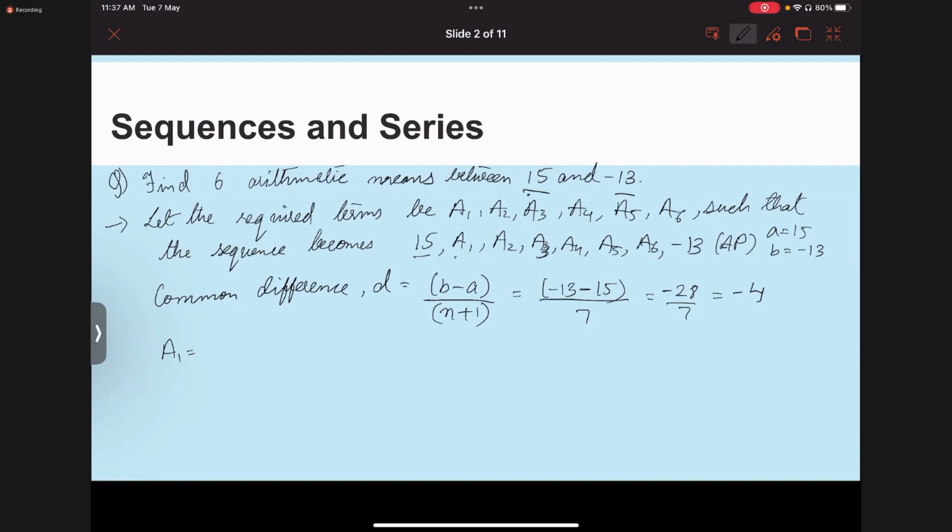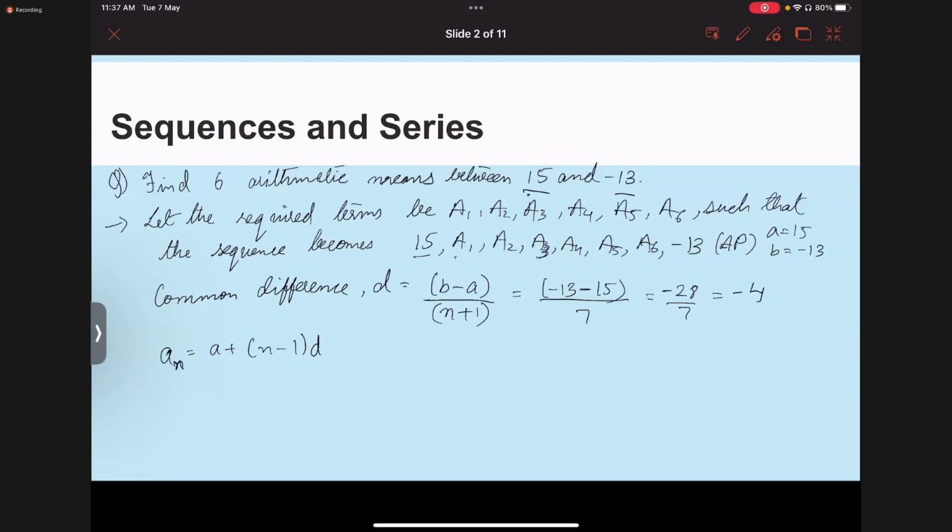So the general term is A plus n minus 1 into d. Usually this is how we do it.